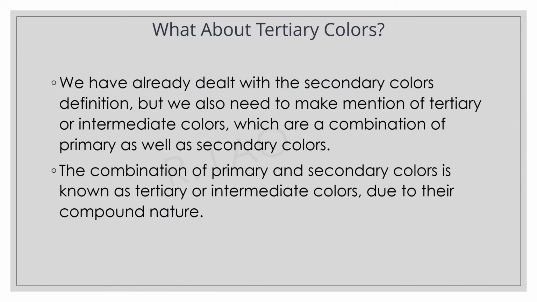What about tertiary colors? We have already dealt with the secondary colors definition, but we will also need to make mention of the tertiary or intermediate colors, which are a combination of primary colors as well as secondary colors. The combination of primary and secondary colors is known as tertiary or intermediate colors due to their compound nature.